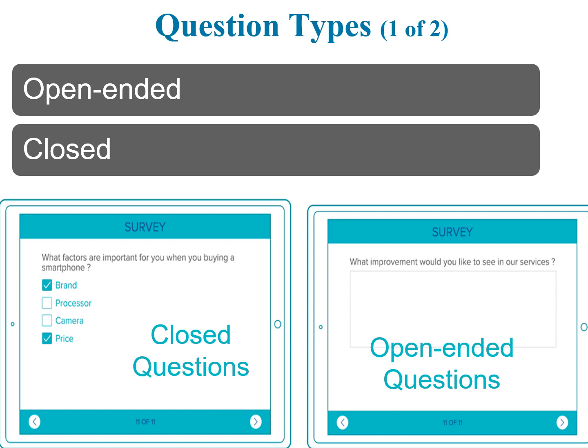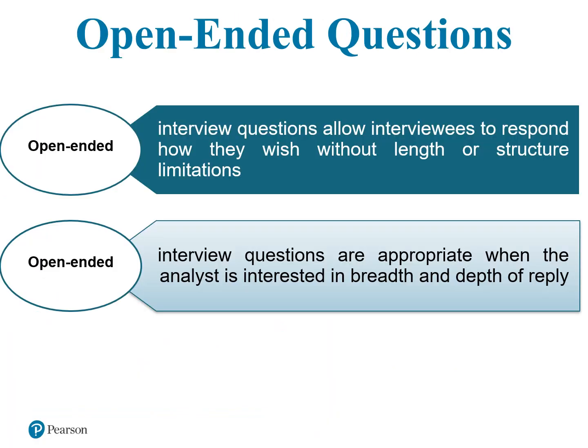That's what we call an open-ended question. Sometimes we also limit the answer to the number of words they are able to write. Open-ended questions allow interviewees to respond how they wish without length or structure limitation. Also, it is appropriate when the analyst is interested in breadth and depth of reply.